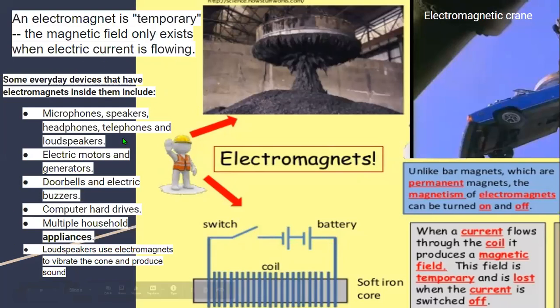All right, and then I found some examples, so maybe you could relate to them. Some everyday devices that have electromagnets inside them include microphones, speakers, headphones, telephones, and loudspeakers, electric motors and generators, doorbells and electric buzzers, computer hard drives, and multiple household appliances.